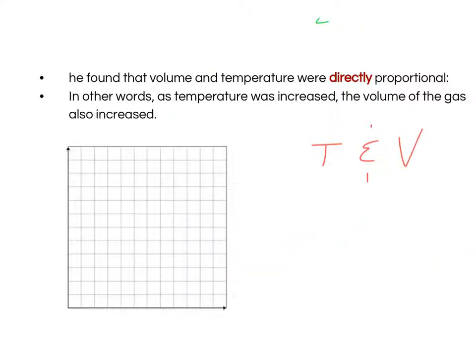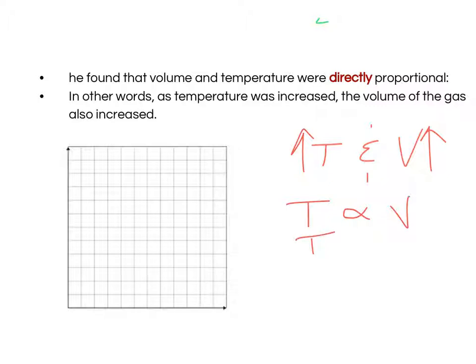So in other words, Charles found that volume and temperature were directly proportional, right? So in other words, as the temperature went up, the volume went up. They are directly proportional. So we would write that as T is directly proportional to V, or V is directly proportional to T. So remember, in the last little section of the video, we talked about how we take a proportionality statement and we make that into an equation.